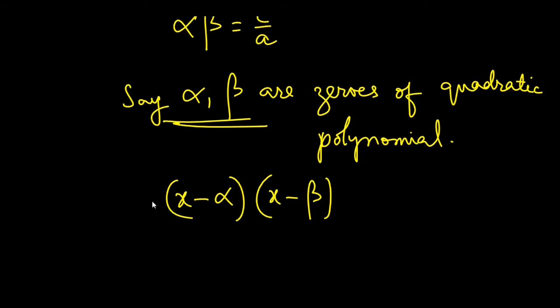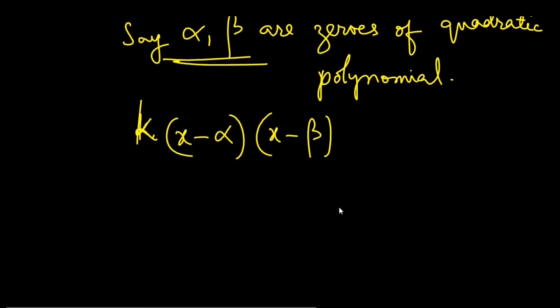But even if we multiply this by any constant, we will get the same zeros. So the polynomial here is k into x minus alpha into x minus beta. So this is our polynomial. Let us expand this one.